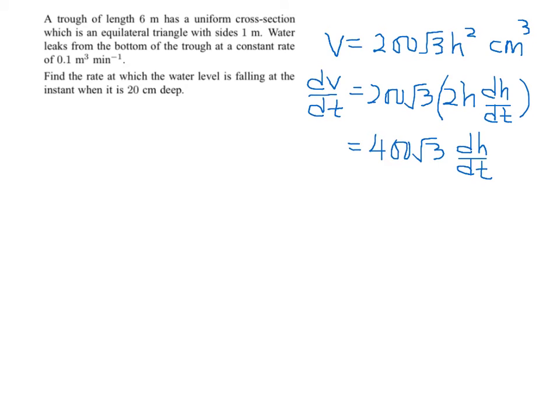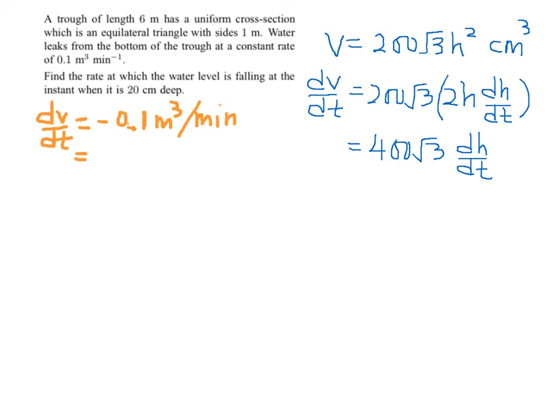Now, the piece of information about the water leaking from the bottom of the trough at a constant rate tells us that dV/dt is negative 0.1, because this is leaking from the trough. However, notice that this is in meters cubed per minute, and now we are actually calculating everything in cm.